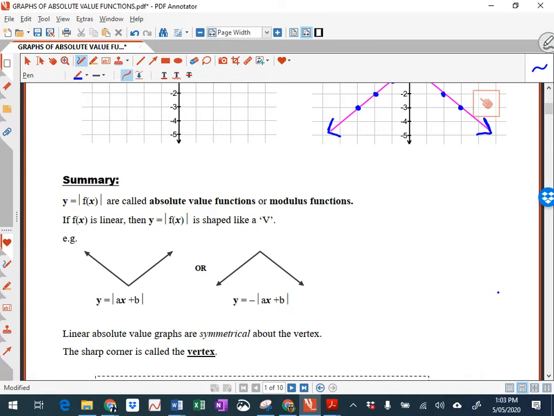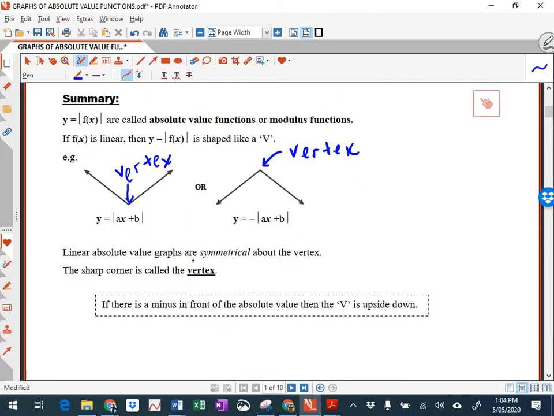The other thing to be aware of is that the corner there, we're going to call that the vertex. That part there, the corner, we call that the vertex. So it's basically the pointy part of the V. Now that minus sign, as I said before, makes the V point down.